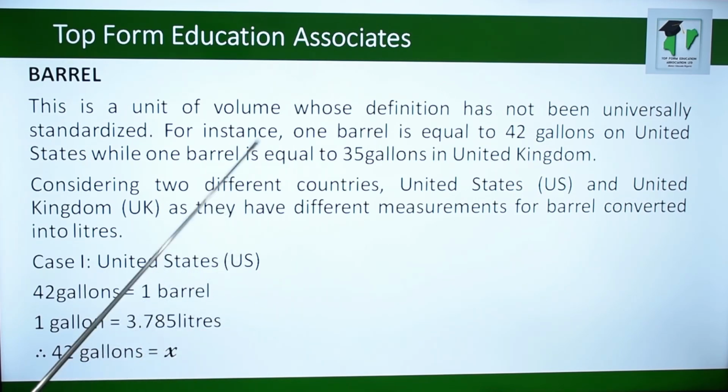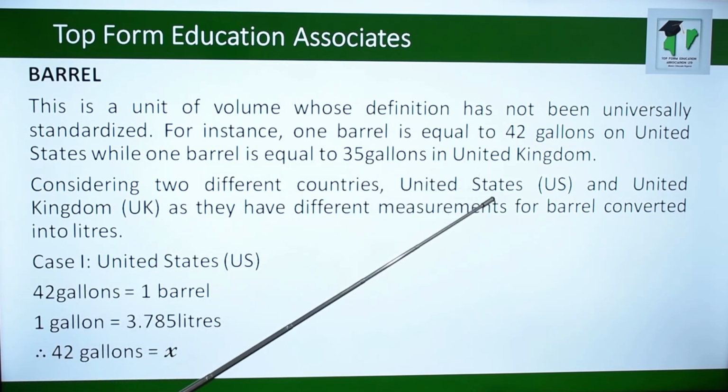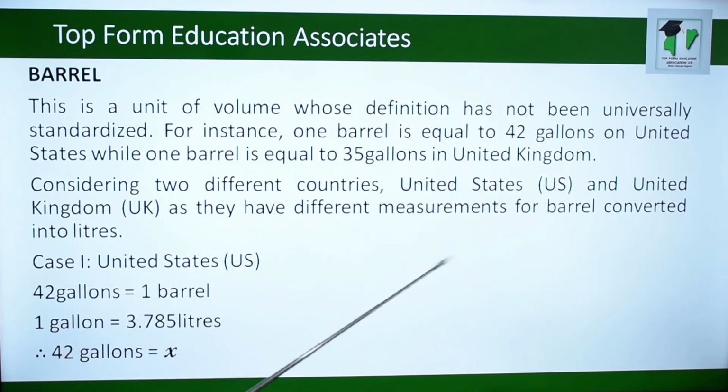Remember that here we said the unit barrel has not been universally standardized. So we want to see how we can convert their values into liters, considering two countries: the United States and then the United Kingdom.